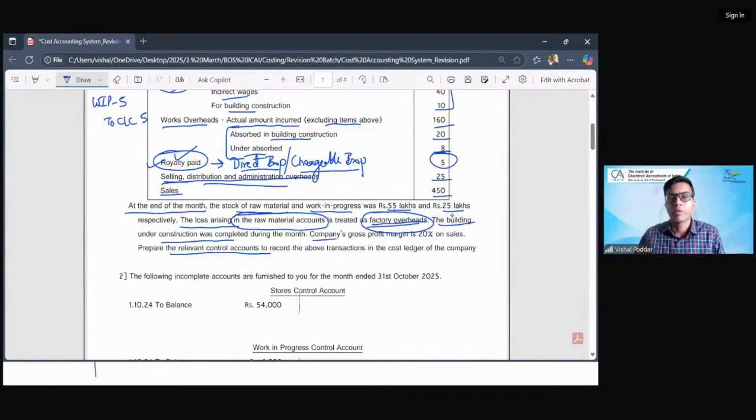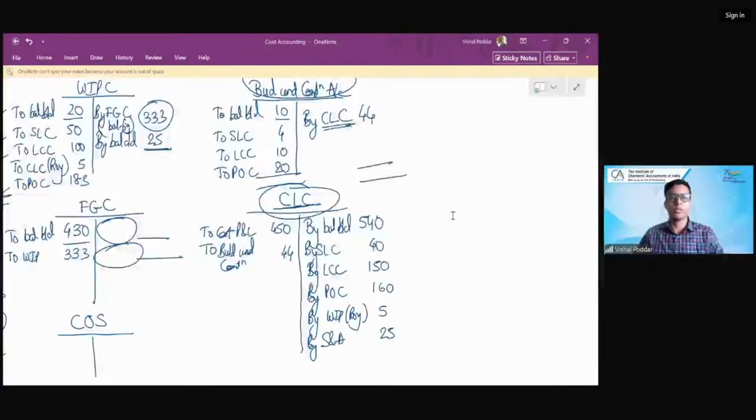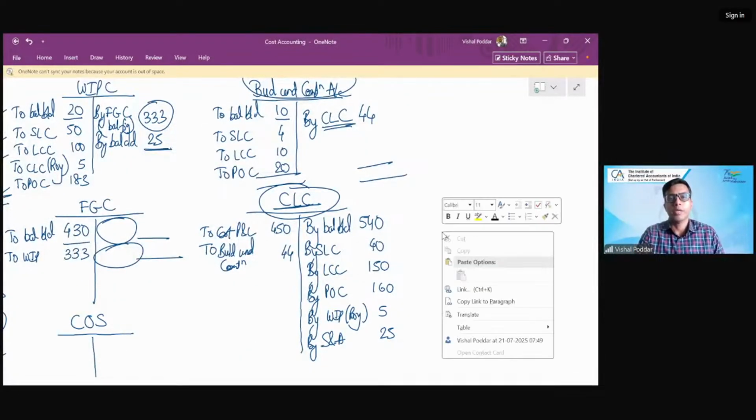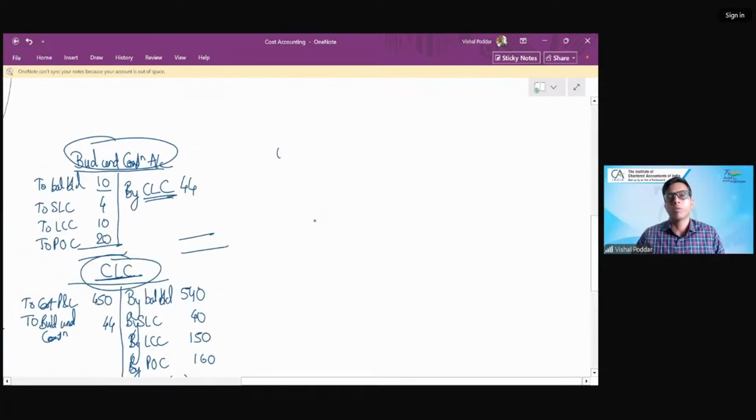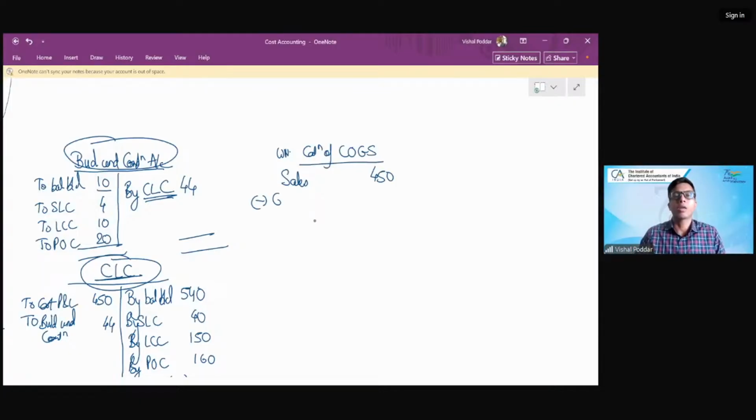Now what they are saying, company's gross profit margin is 20% on sales. Now this is the adjustment which will give me the figure which I was looking for. Now, because of this, I will get the cost of goods sold, because you are given in the sum sales, which is 450, and you are given your GP margin, which is 20% of sales, which comes to 90.